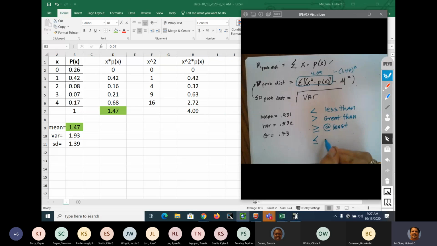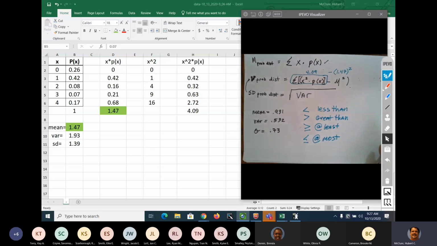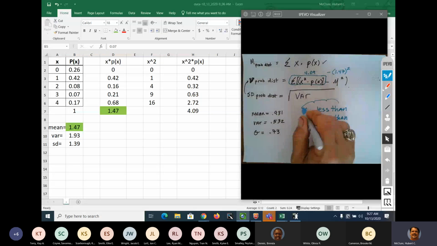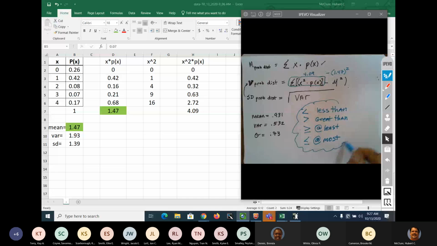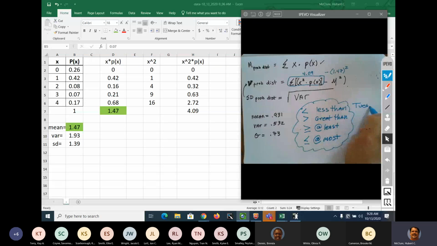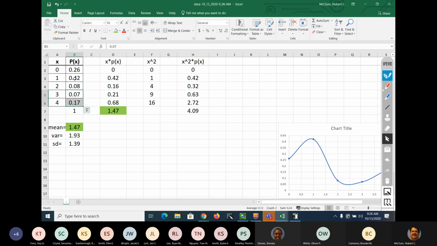And this means at most. And we went over that with the number lines. This is what we went over last Tuesday. Now, when you look at these and I say at most 2, well, at most 2 means that the biggest number is 2. So that means 2 and below. So that would be 0.08, 0.42, and 0.26.